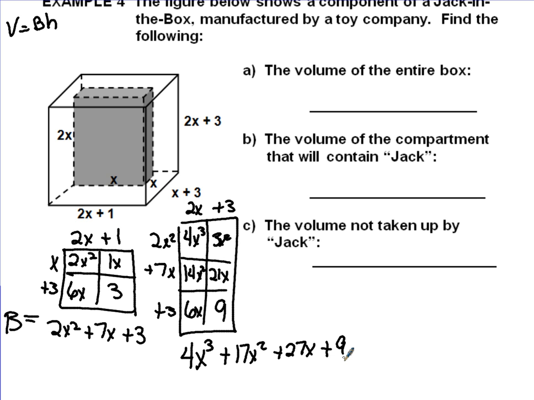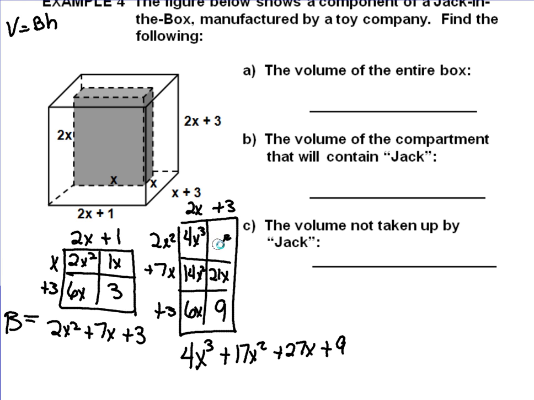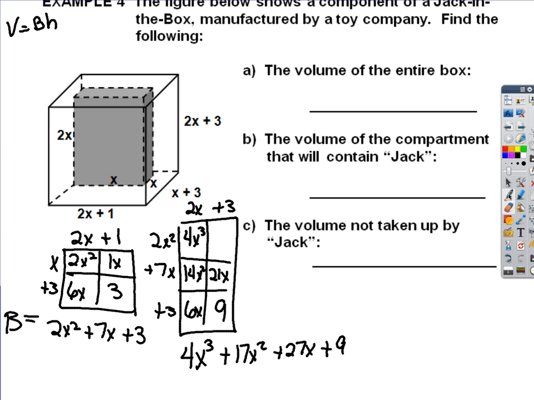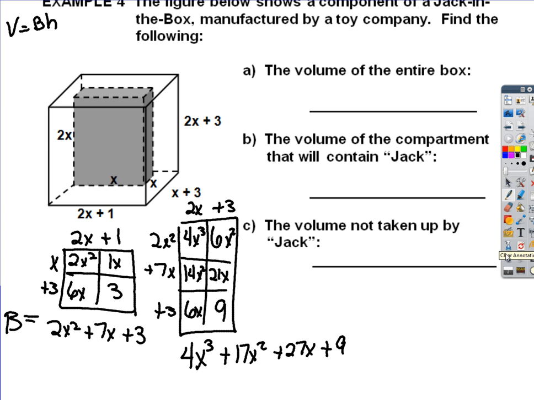plus 9. Okay, I made a mistake and I couldn't hear you screaming at me through the computer, but I figured it out anyway right here. This was 2 times 3, so it should be 6x squared. So 6 plus 14 makes this down here actually a 20 instead of a 17.